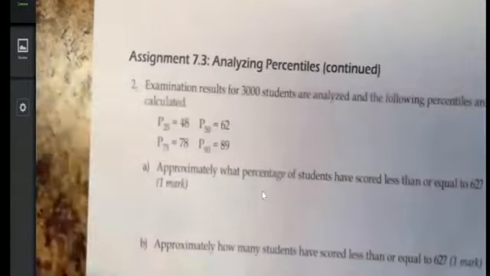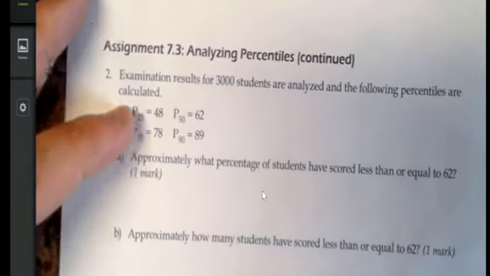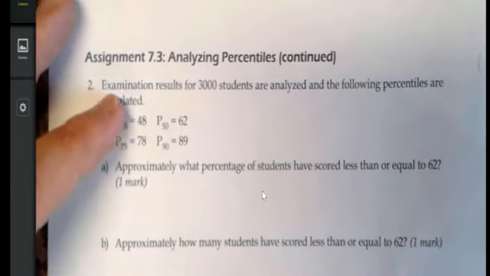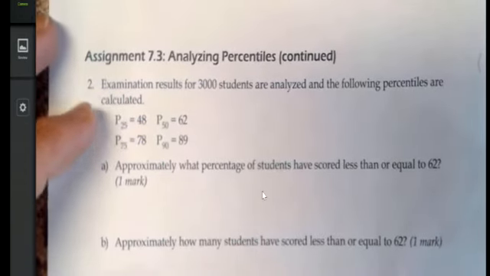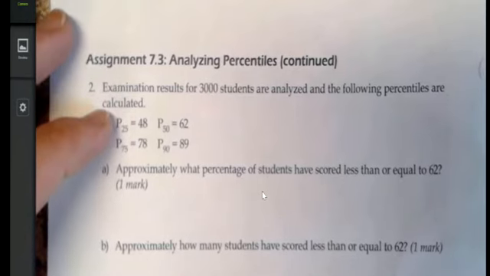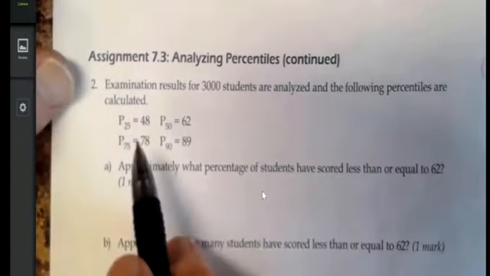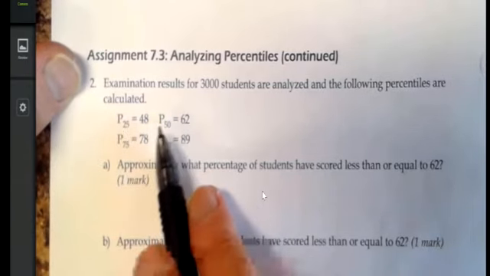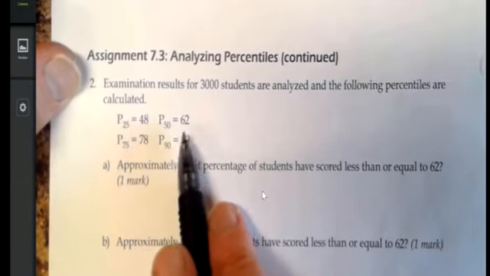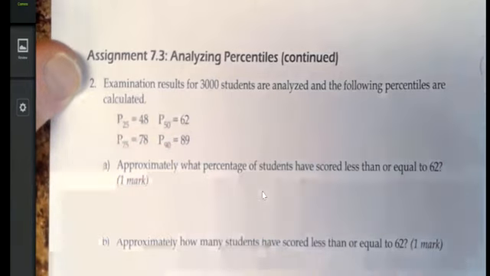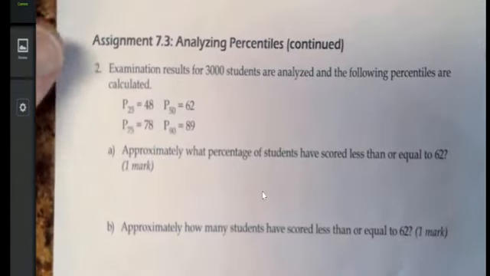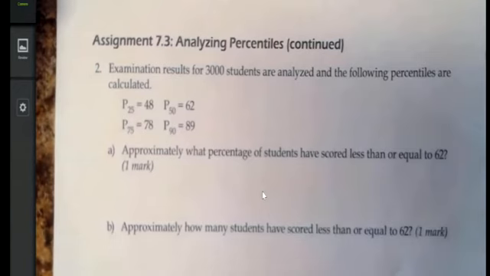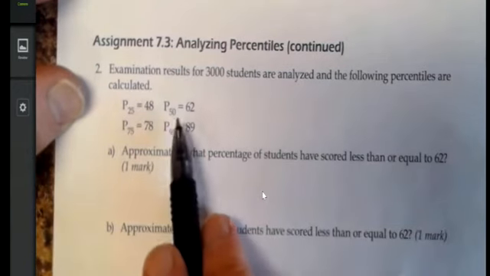It's 1A and B. Number 2, they're giving you 3,000 students were analyzed and the following percentiles calculated. So they had a P20, 48 students were in the 25th percentile, 62 in the 50th, 78 in the 75th, and 89 in the 90th. What percentage of students scored less than or equal to 62?